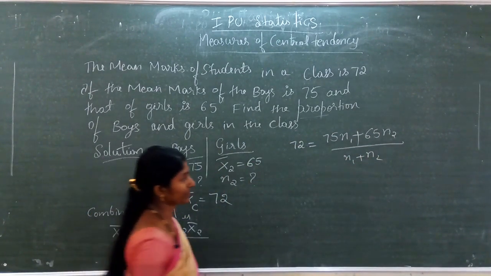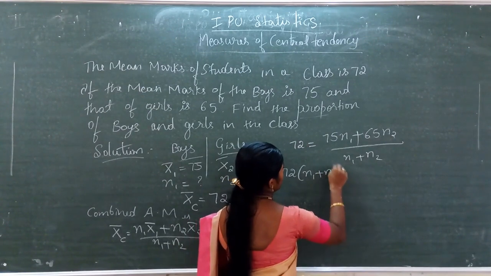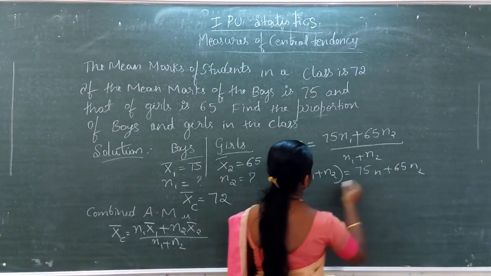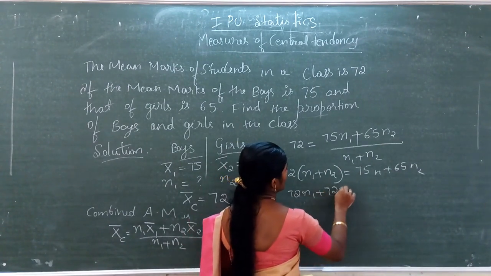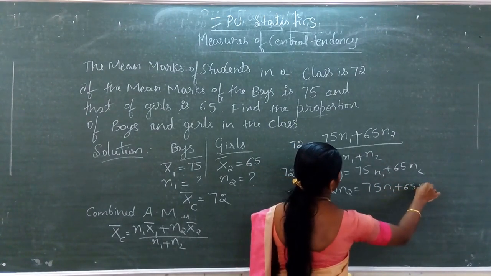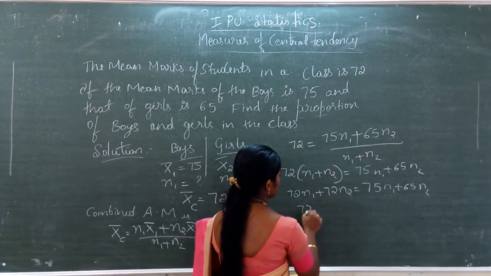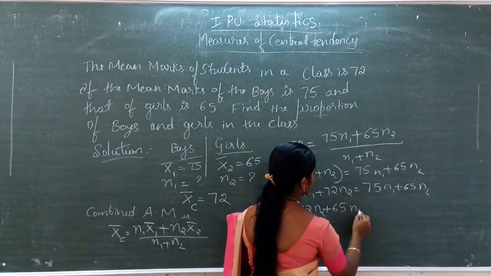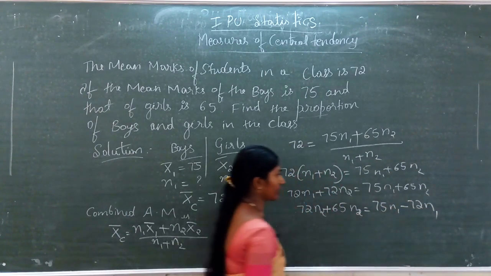Then cross multiplication. 72 into n1 plus n2 equal to 75 n1 plus 65 n2. Now multiply this: 72 n1 plus 72 n2 equal to 75 n1 plus 65 n2. Now n1 and n1, here n2 is there, 72 n2 minus 65 n2 equal to 75 n1 minus 72 n1 this way.